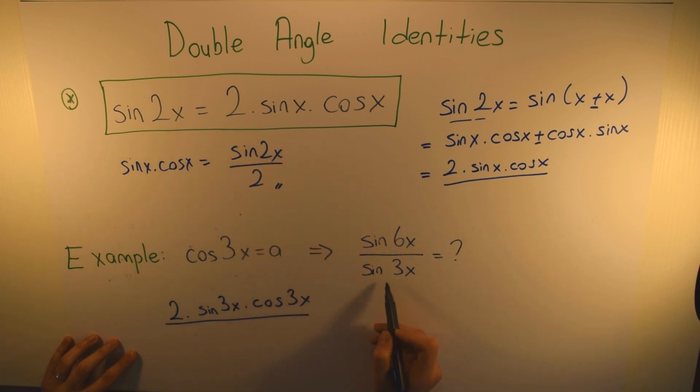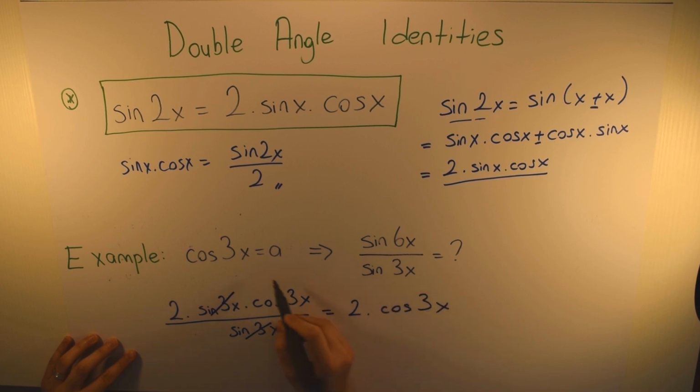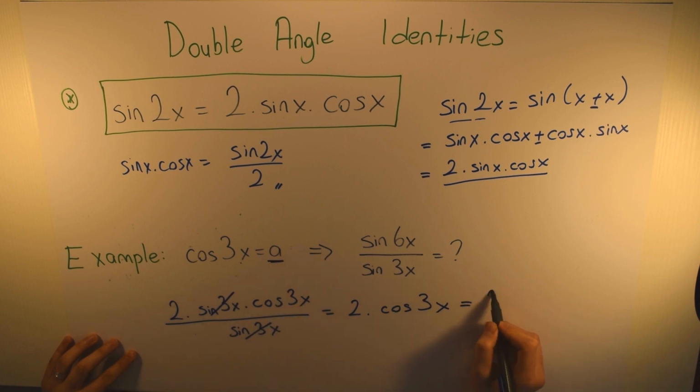And then I also have sine 3x here. As you can see, these two cancel out each other, and from here I will get 2 times cosine 3x. I know cosine 3x is equal to a, so this is equal to 2a.